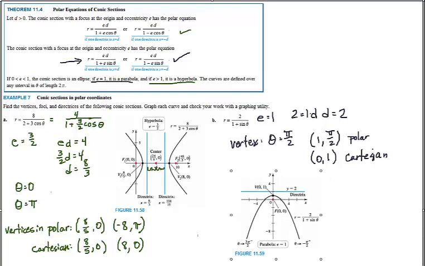In order to figure out where this parabola crosses the x-axis, we are just going to let theta equal 0 and then pi, and this will tell me that it crosses the x-axis at 2, 0, and 2, pi. You can see how it corresponds on the Cartesian coordinate system. And I think we have everything for this one.